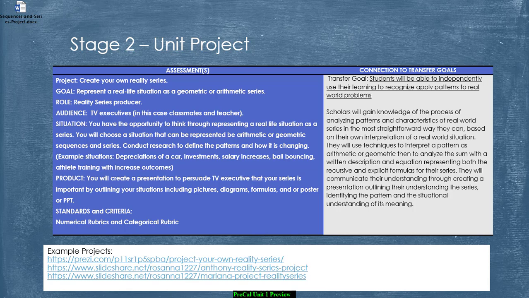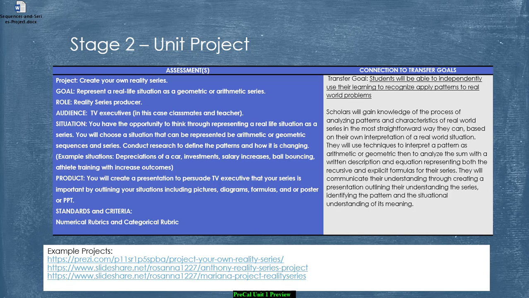Now, our unit project is based on sequences and series. Students will need to come up with two examples, one a geometric example and the other an algebraic or arithmetic sequence or series that comes directly from a real-world situation. I've provided a numerical rubric and also a categorical rubric that you can use to grade these projects.